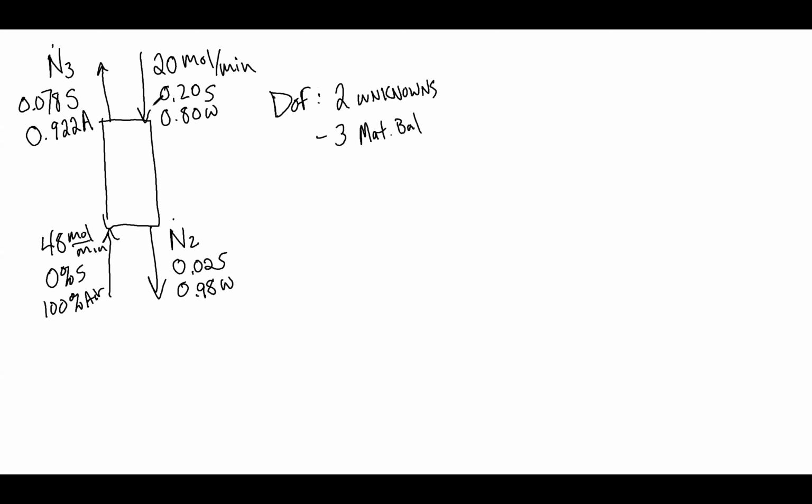Now, because I'm doing an overall material balance, in other words, I'm doing a balance on this entire stripper, I can't say I have any equilibrium relationships because, remember, there are 8 stages inside. So none of the 4 streams that are coming in or out of the absorber are coming off of the same stage, so I cannot say that there are any equilibrium relationships. And 2 minus 3 is minus 1, which means I am under specified.